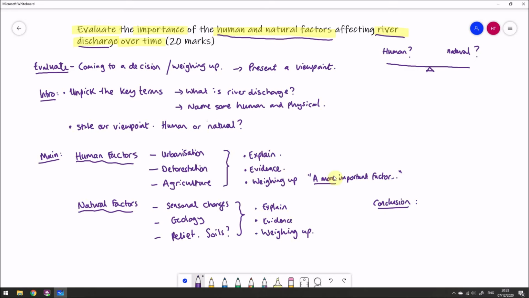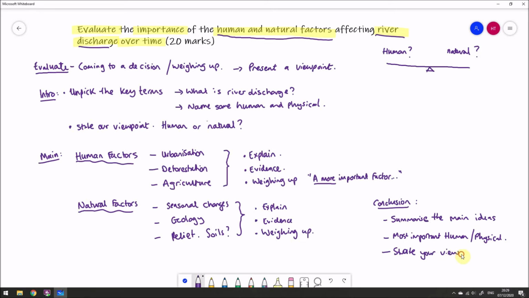You're not just going to rewrite what you've already written, but you want to summarize the main ideas. Okay, so perhaps pick out the most important human or physical factors.